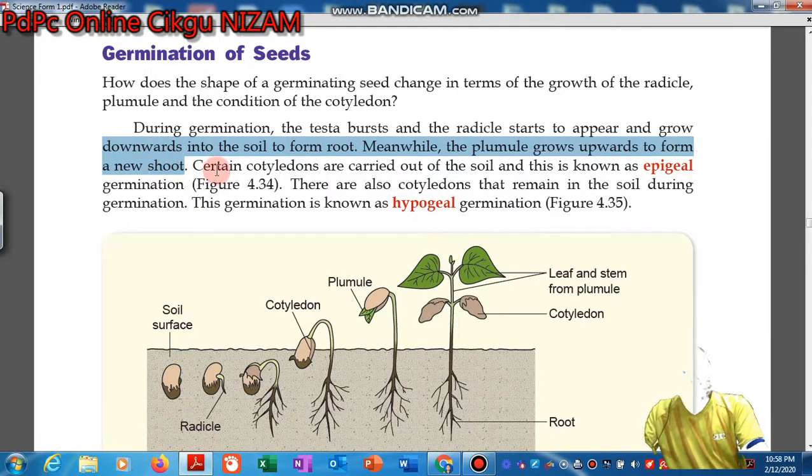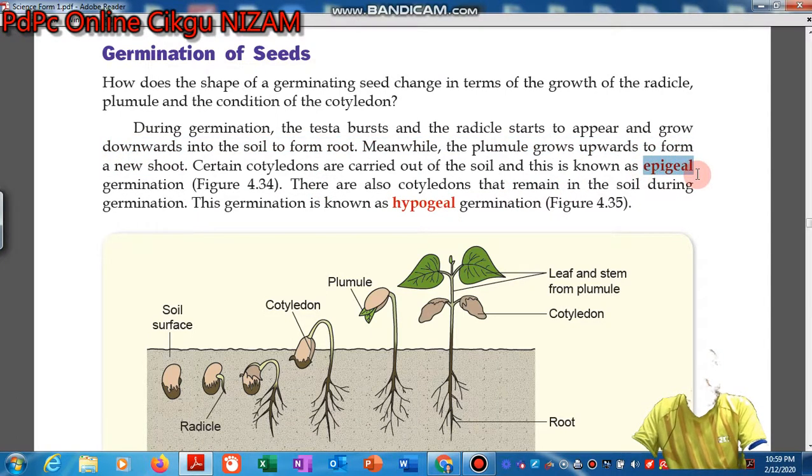During this process of germination of seed, the cotyledon will have two conditions. So we can divide the germination of seed into two types. The first one we call epigeal germination, and the second one we call hypogeal germination.